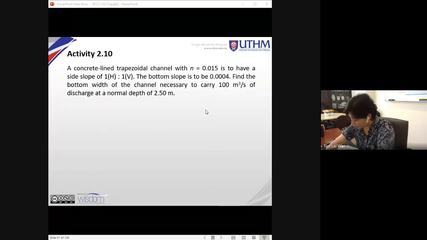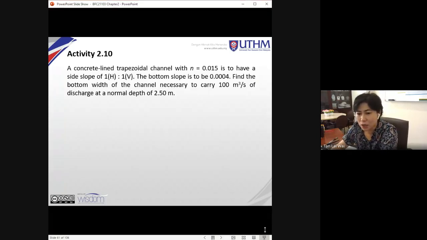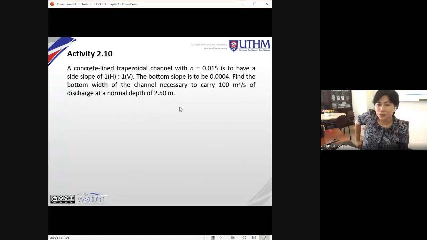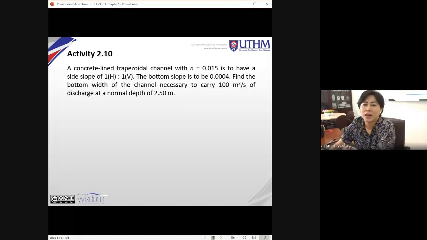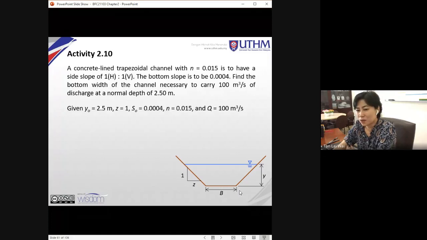Okay, we have here another activity, which is activity 2.16 in your notes. Again, this is a trapezoidal channel. You need to find the bottom width, in this case not the normal depth. So you need to find B. All are given.